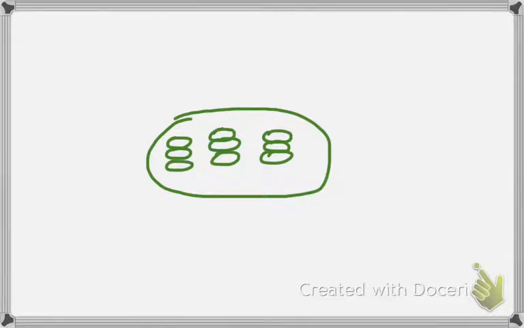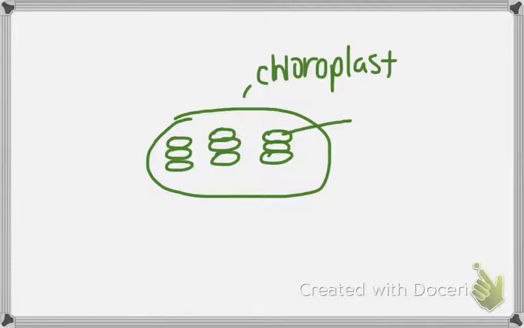Now, we need to label this. Make sure you remember this is a chloroplast. The first thing we want to label is a thylakoid. That is an individual green pancake. Now, we have something called a grana.